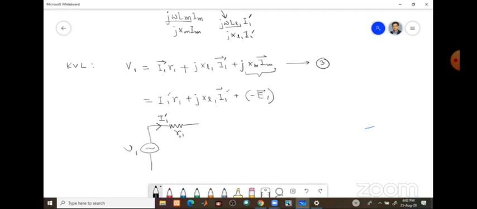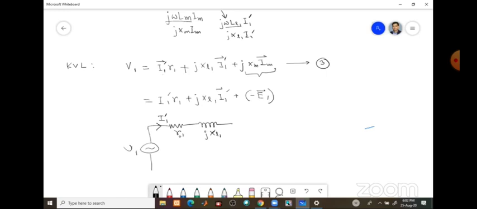Okay, the next component, that is JXL1. This component will have some reactance, the leakage reactance JXL1. The same current will flow through it, because only the I1 prime current is flowing through it.